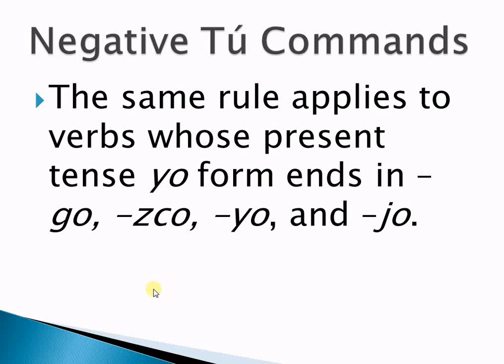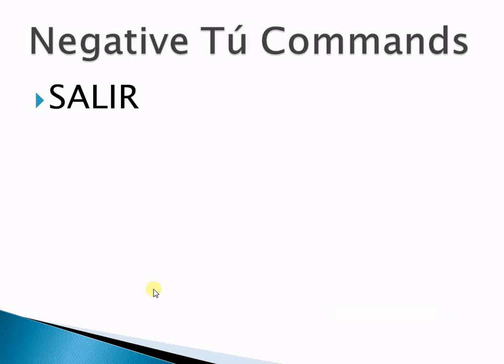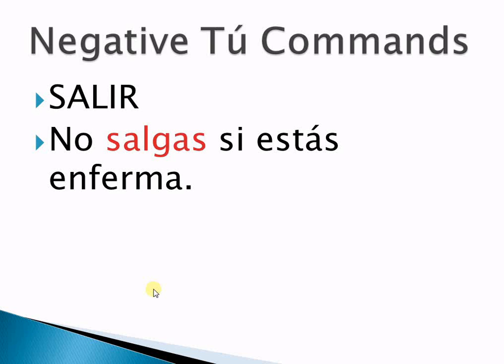The same rule applies to verbs whose present tense yo form ends in go, zco, yo, and jo. For example, salir. So you conjugate in the yo form, salgo, then you drop the o, put the no in front of it, and put the opposite vowel.